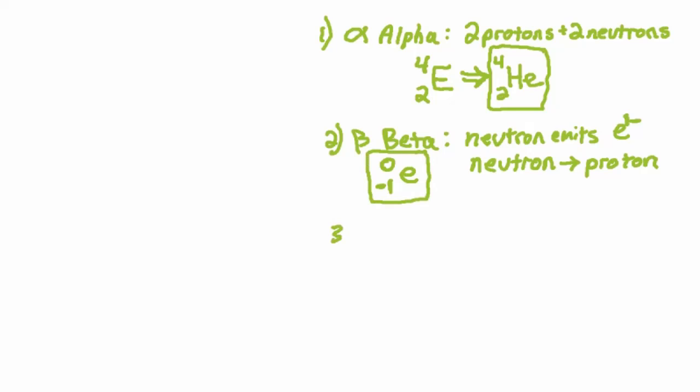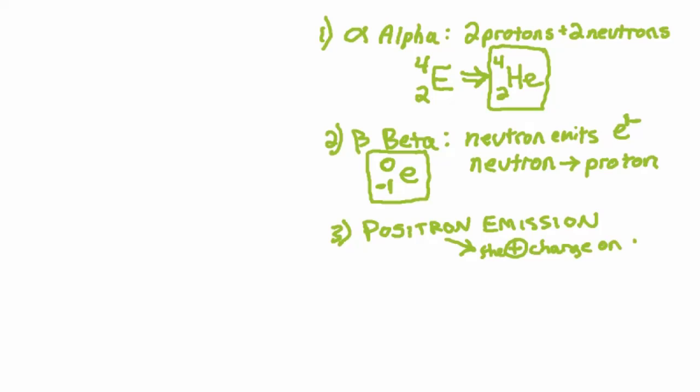Now number 3, positron emission, is just that, because what's a positron? A positron is the positive charge on a proton.